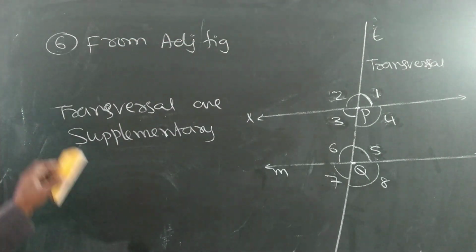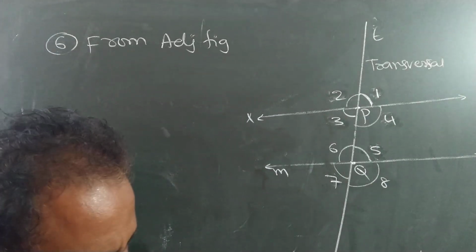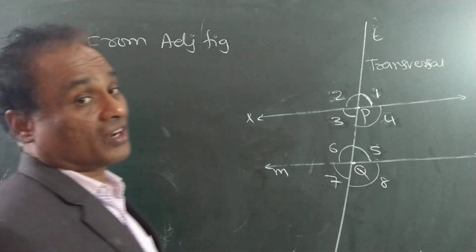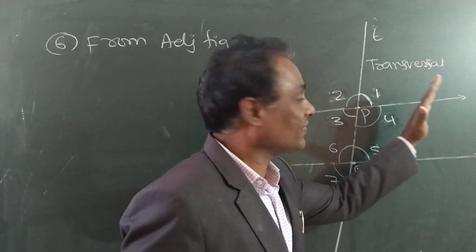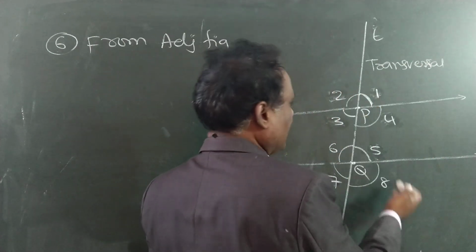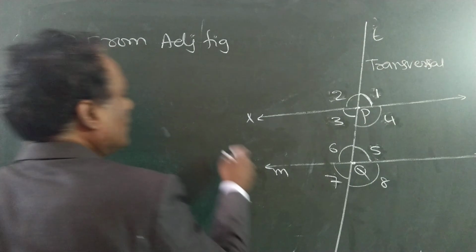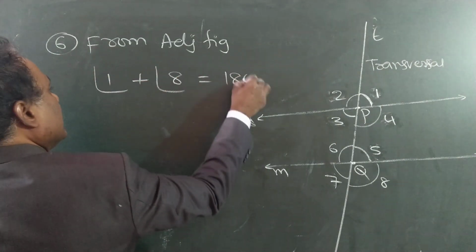What is the meaning of this statement? See here. Supplementary means the sum is 180 degrees. Exterior angles on the same side: the exterior angles here are 1, 2, 7, 8. So angle 1 plus angle 8 is equal to 180 degrees.